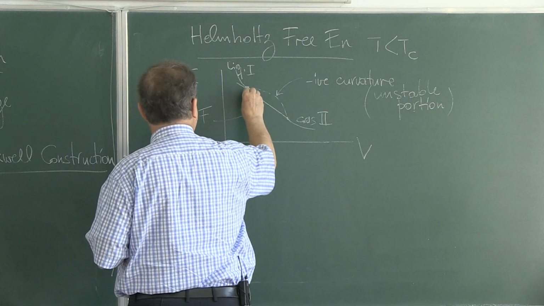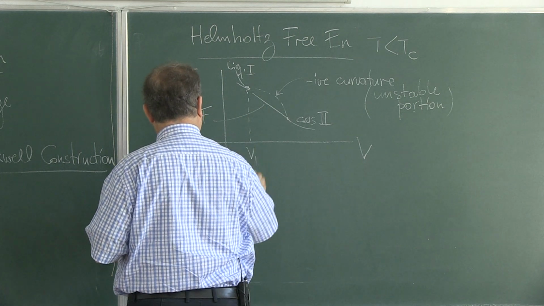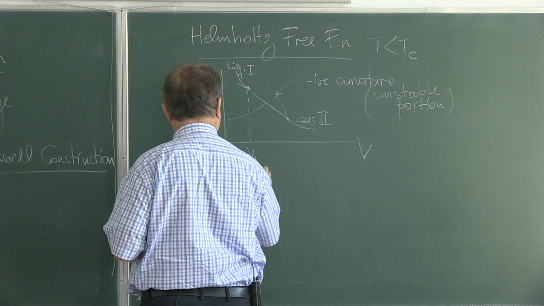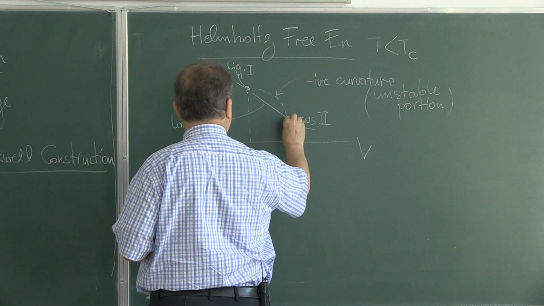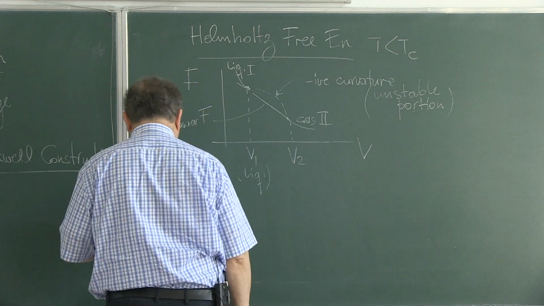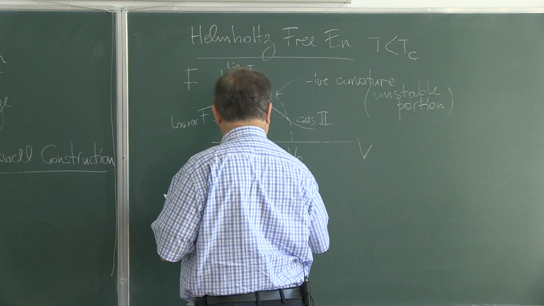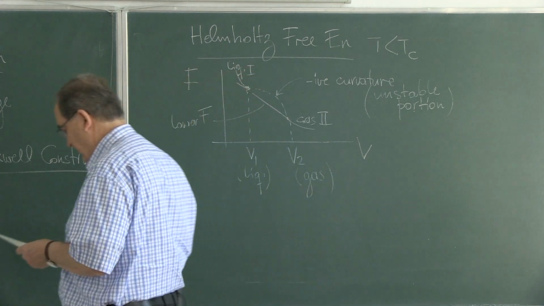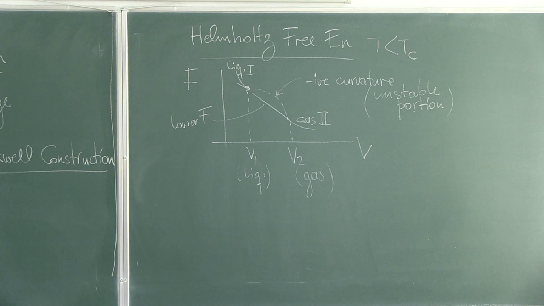Well, if you phase separate into a region of V1, which is liquid, and a region of V2, which is gas, the system becomes inhomogeneous. That means there is a gas region and a liquid region.